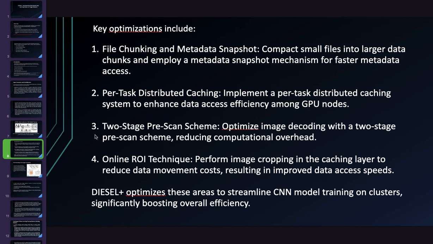Third is a two-stage pre-scan scheme for optimized image decoding, which reduces computational overhead and is applied online. The fourth optimization is the online ROI technique, which performs image cropping in the caching layer to reduce data movement cost, resulting in improved data access speeds.